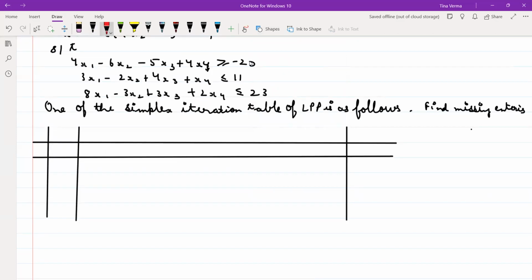The table here has the columns x1, x2, x3, x4, s1, s2, s3, xb, and this is Zj minus Cj. You are given the basic variables as s1, x4, and x2, and you have to find the missing entries.